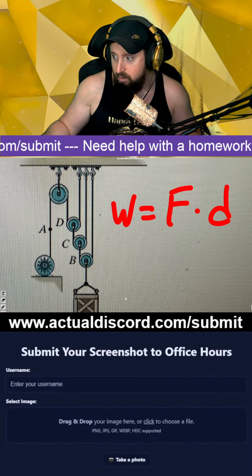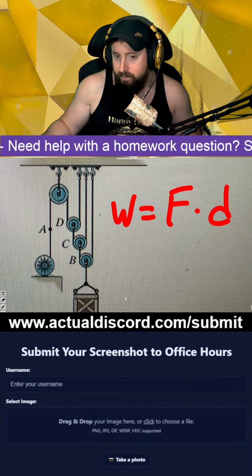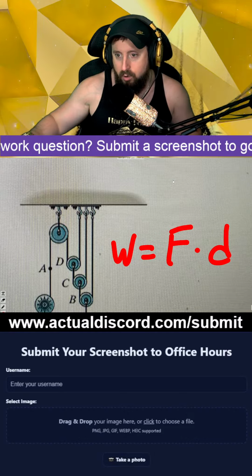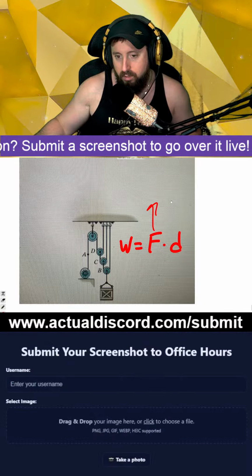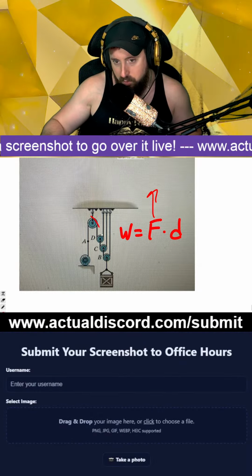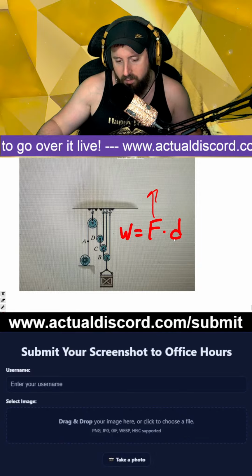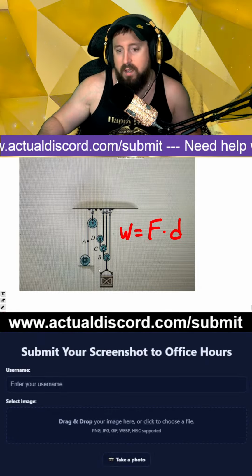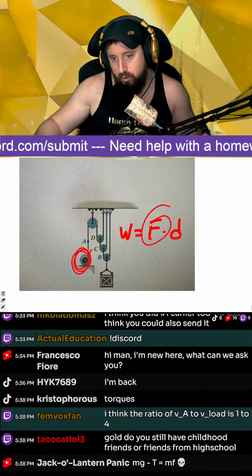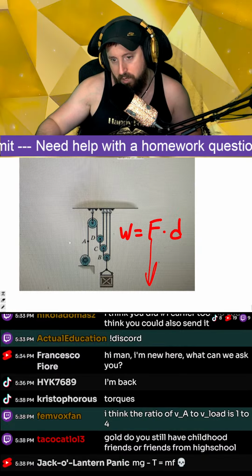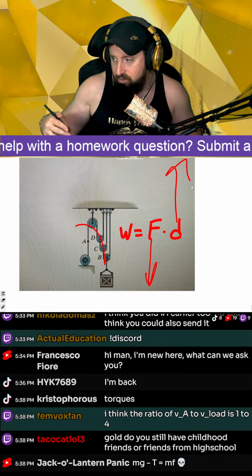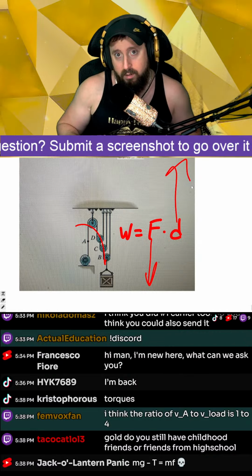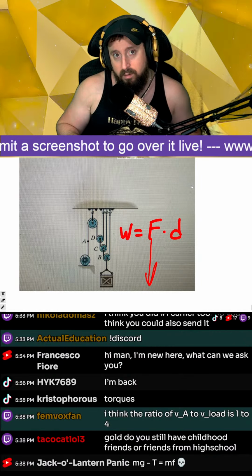So if the force required to lift this thing is a lot lower because you have a pulley system, the distance that the pulleys need to turn becomes a lot more.